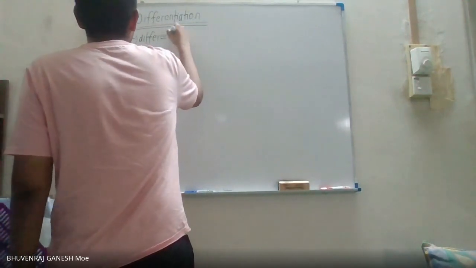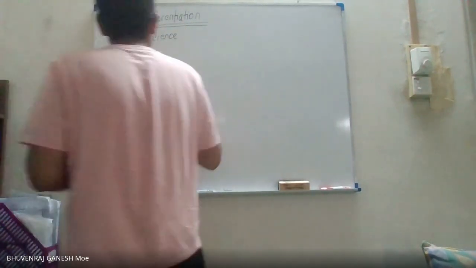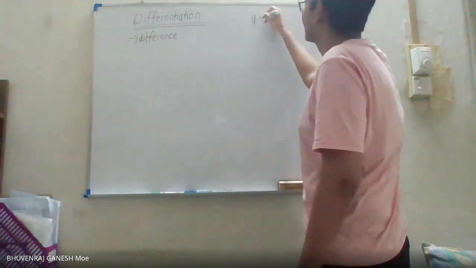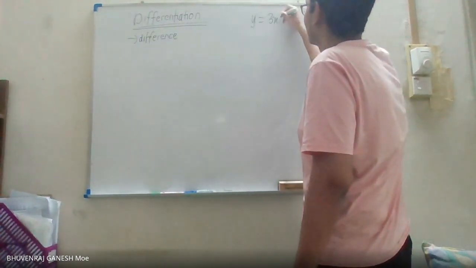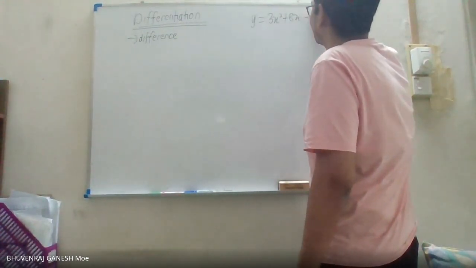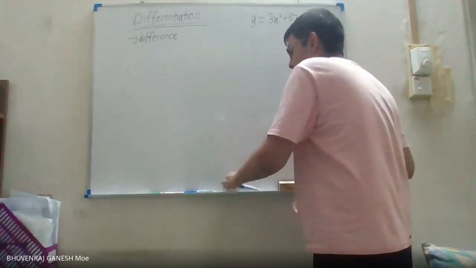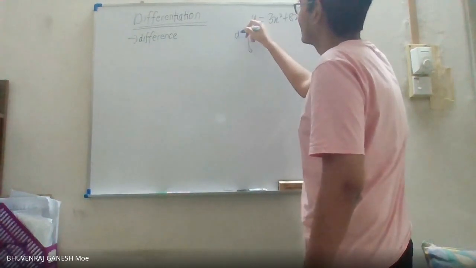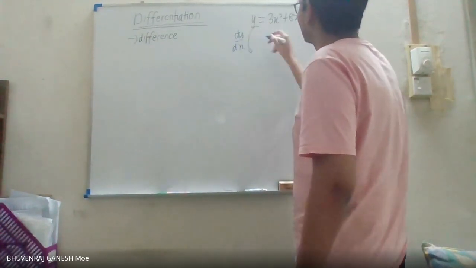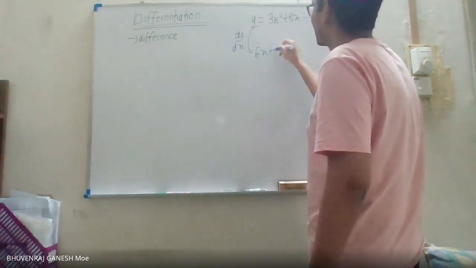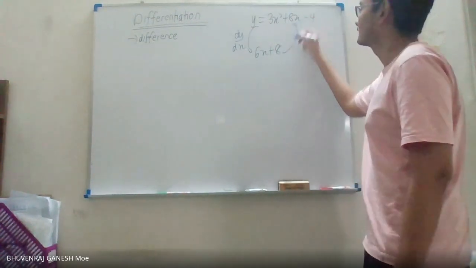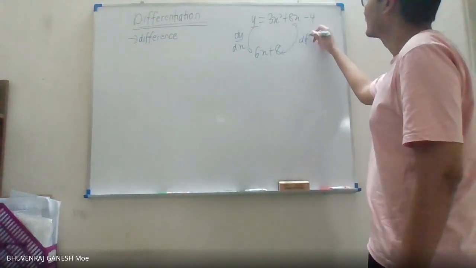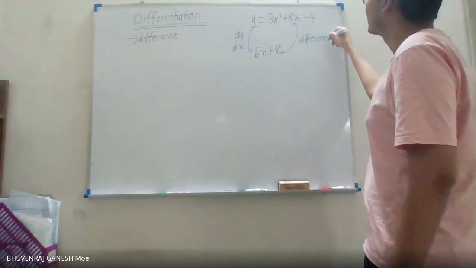So this is one important thing that you can notice. Let's say I have an equation y equals 3x squared plus 8x minus 4. This is quadratic form, right? When you do dy over dx, you will get 6x plus 8. So you see there is a difference between these two. That's why we call it the differentiation process.